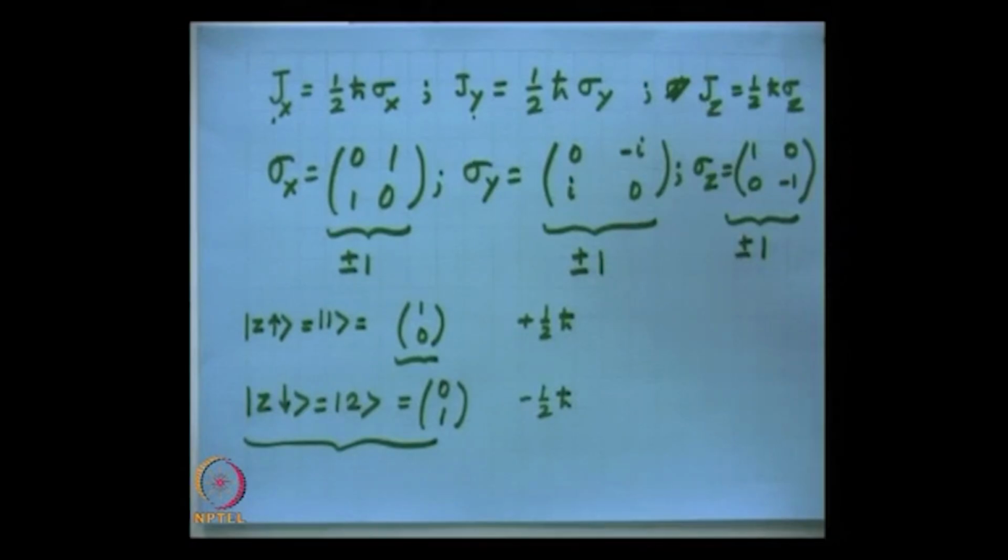Now, let me ask you this question. The system is in the z up state. That is, if I make a measurement of J_z, I will get the eigenvalue half h cross.